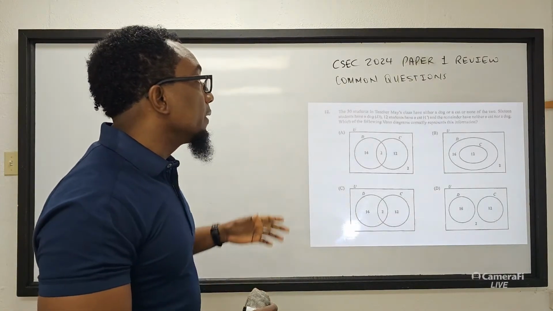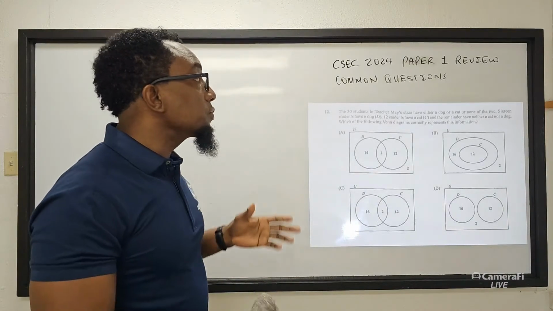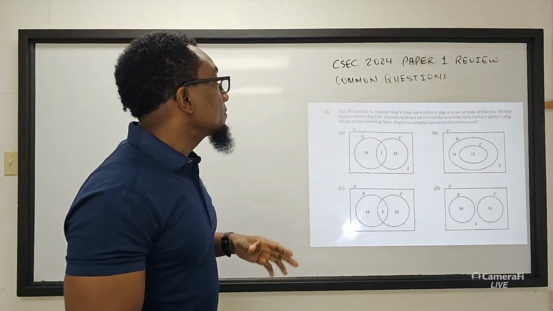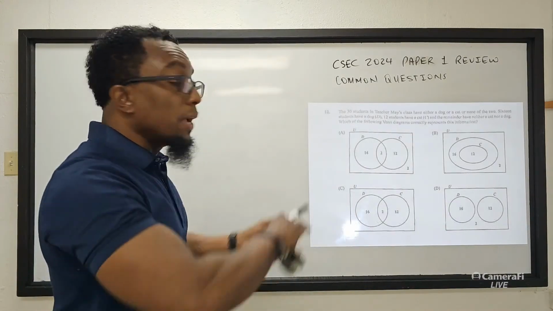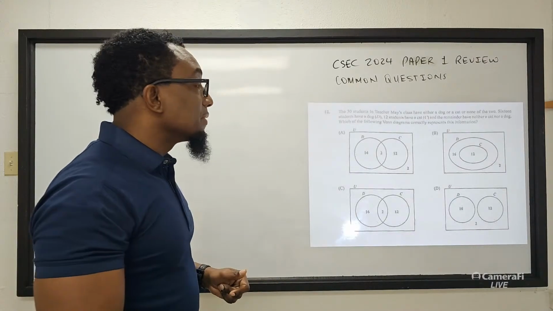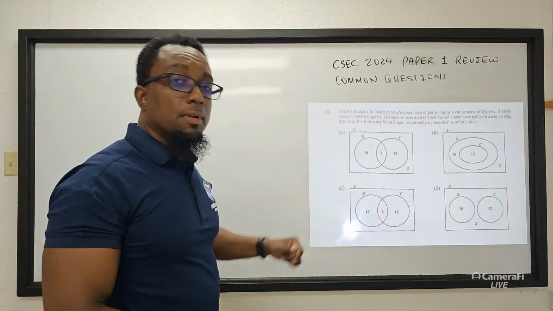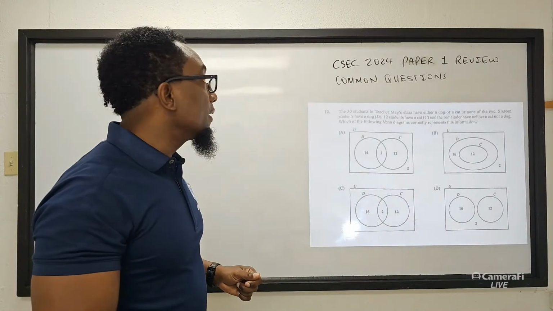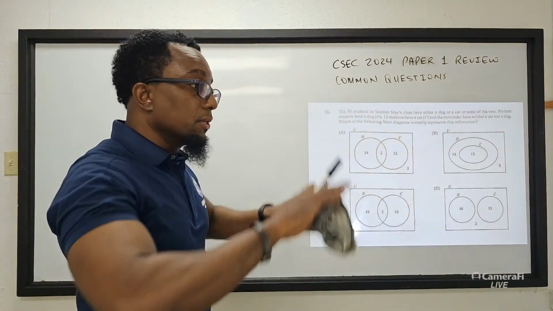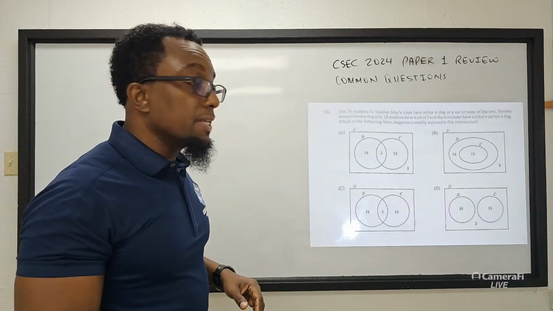And in this case, we just simply mentioned 16 students have dogs, 12 students have cats. There's nothing stated here about both having cats and dogs. So 16 have dogs, 12 have cats, total separation, there are disjoint sets there.